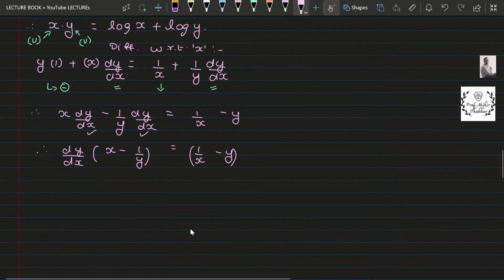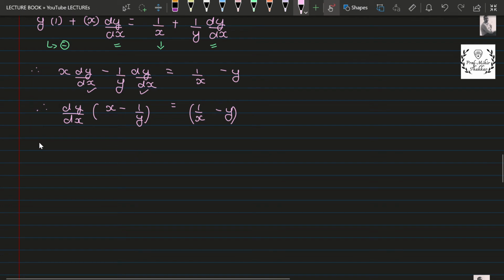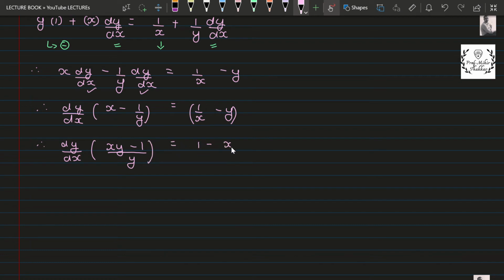Now obviously on both the sides what we will do is we will be taking LCM. Dy by dx, xy minus 1 upon y, is equal to 1 minus xy upon x.